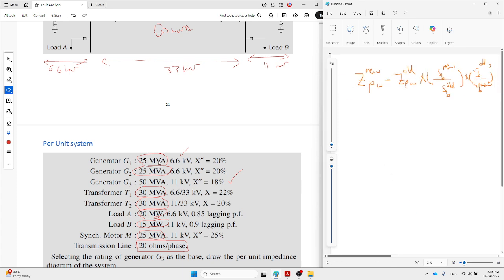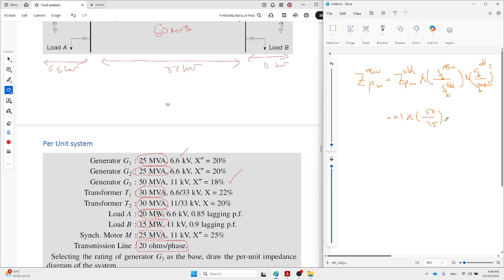Here for generator one, since the voltage is okay, only the S changes. The Z in percent form is 20%, so it's 20 over 100, which is 0.2, times S base new, which we choose as 50 over 25.